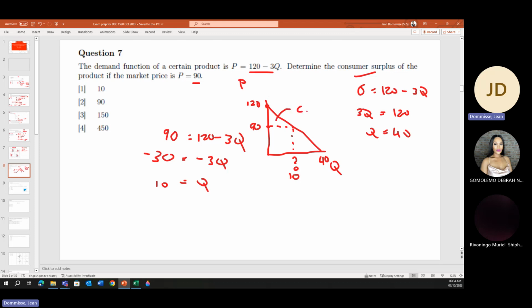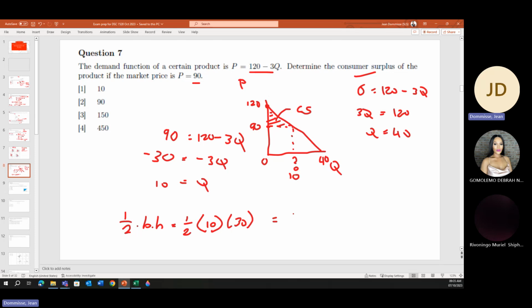So consumer surplus is this top triangle. Basically, we use the maths formula of half base times height, which is, our base is 10 minus 0, which is 10, and height 120 minus 90, which is 50.